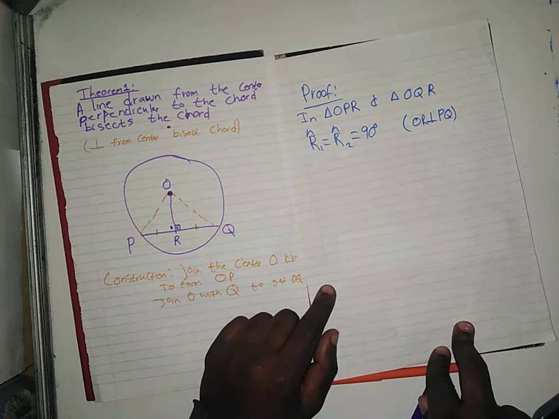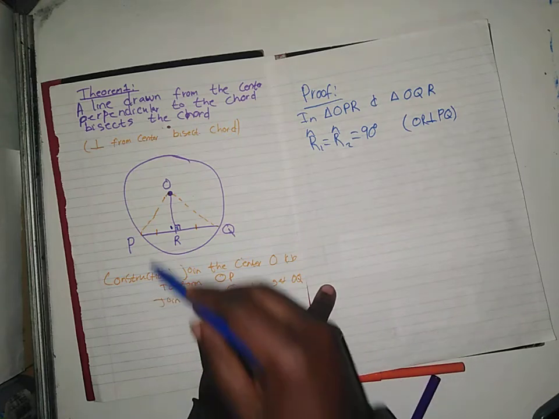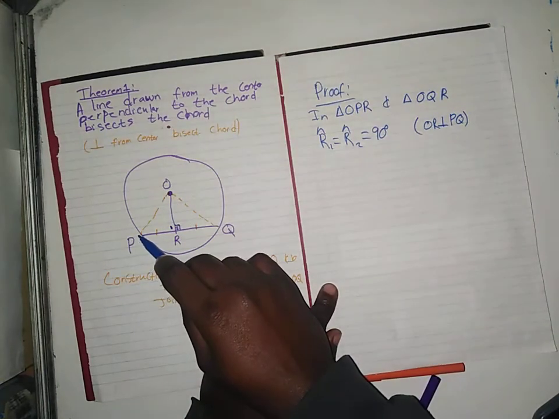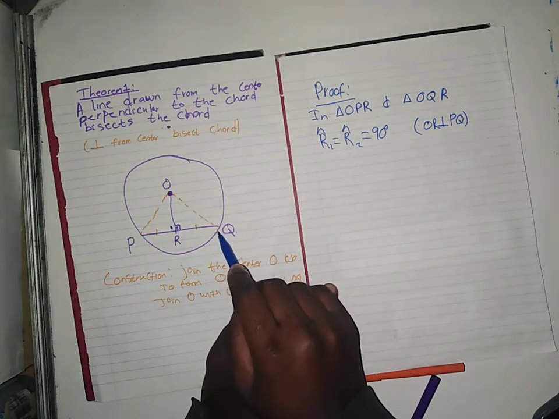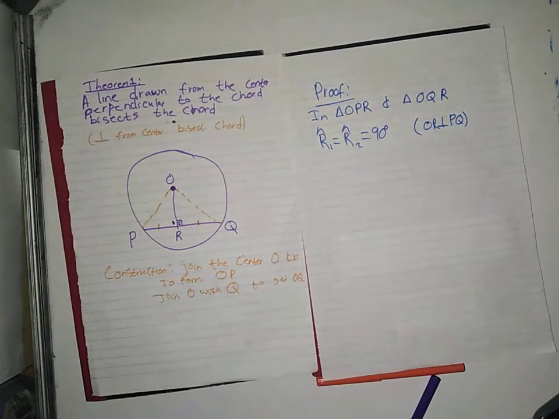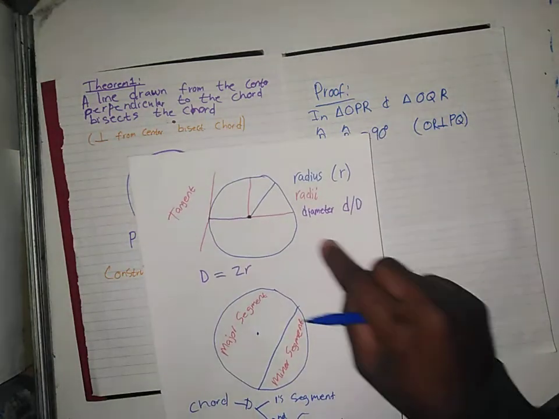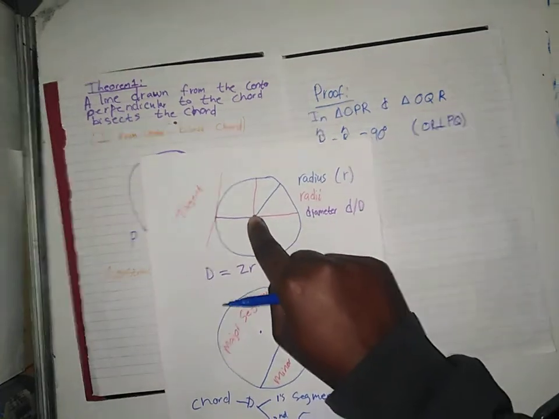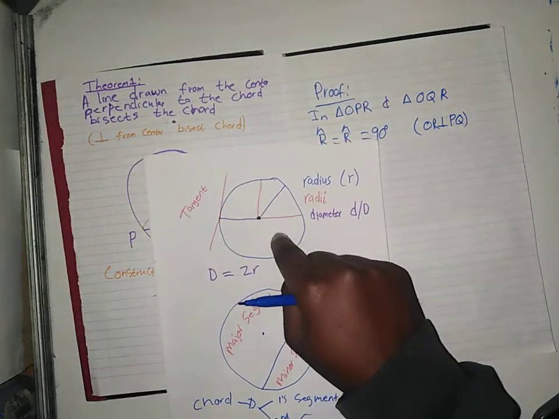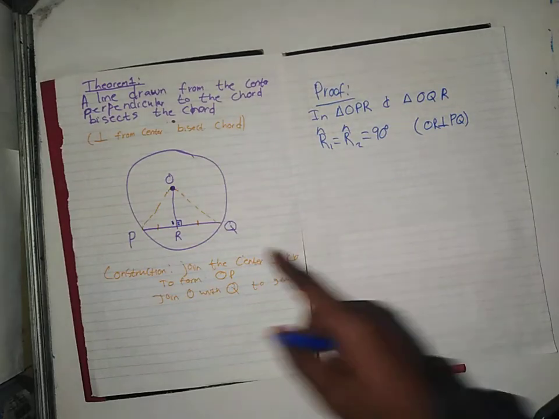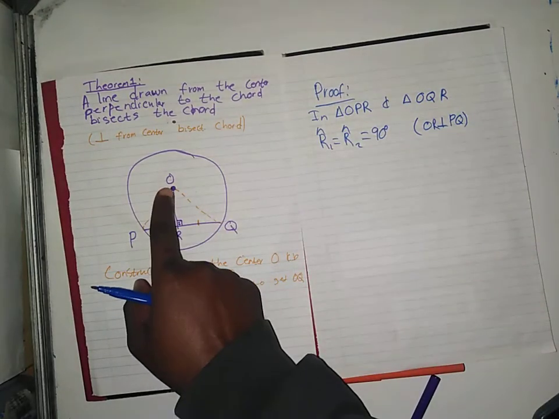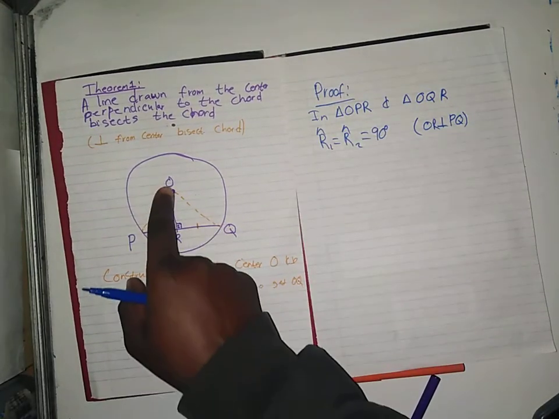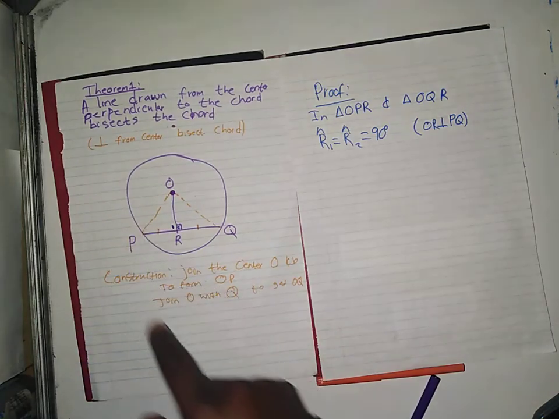Okay, and then another important thing is that OP is equal to OQ. Do you remember what I said earlier? I said if you have radii, which means radiuses, it does not matter where they are, but all of them are equal. So now I've got a radius here because it's from center to the circle, and then here it's also from center to the circle.